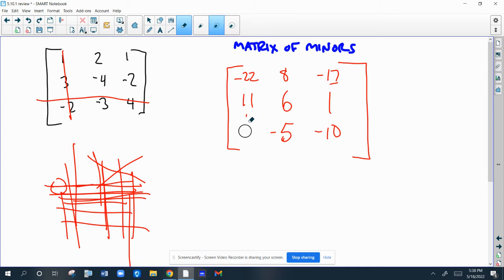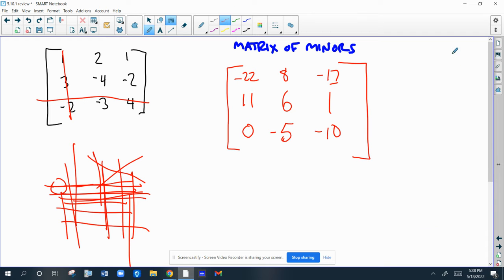And now that we have that right, we're going to figure out what the cofactor matrix is. Now, the cofactor matrix is you take this matrix of minors, and there's different ways to do this, but the easiest way is this.